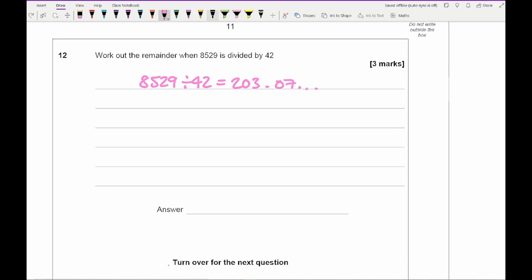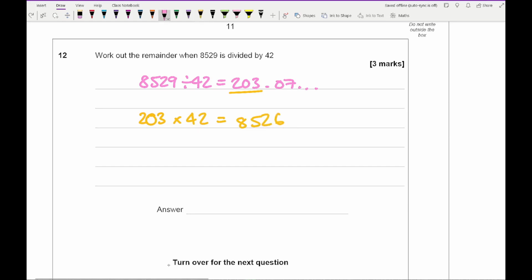So that means that 203 42s go into 8,529. So if I then do 203 multiplied by 42, that gives me an answer of 8,526.